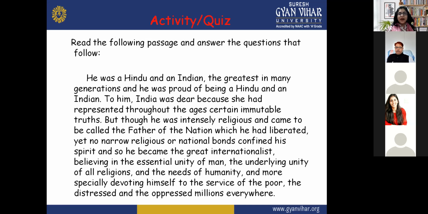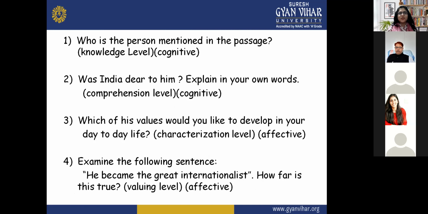Because when I read the line, father of the nation, you recalled that ma'am is talking about Mahatma Gandhi, isn't it? Yes, ma'am. So this happens in the classroom. Students recall, okay, I understood what ma'am is talking about. So this is covering the knowledge part and the cognitive part.